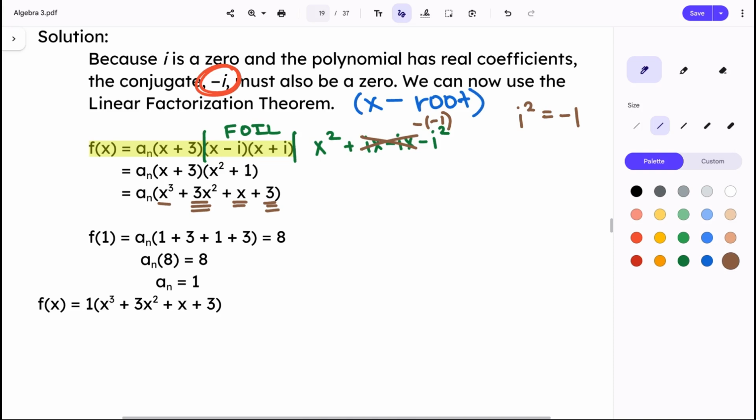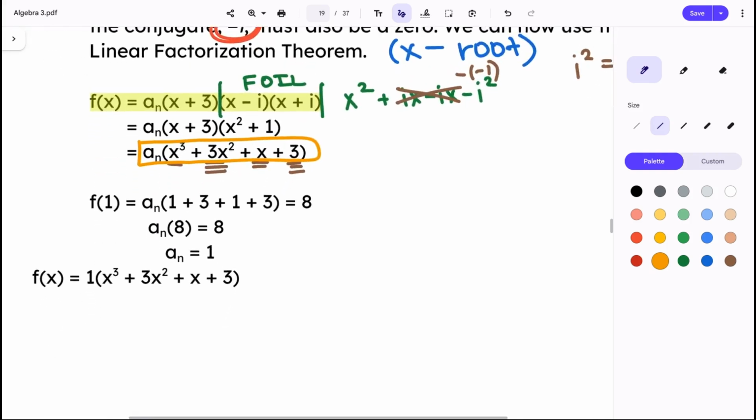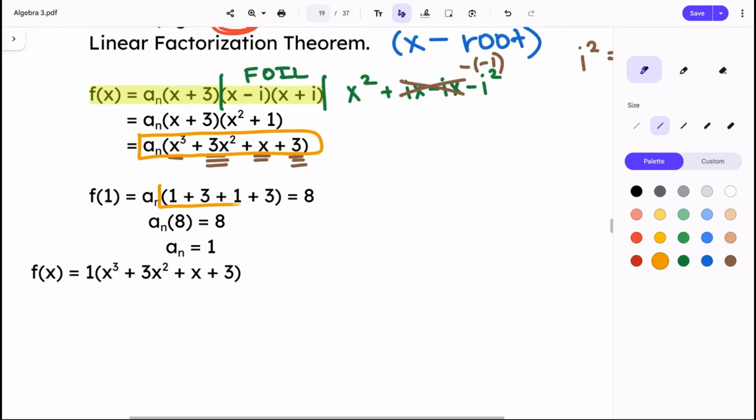Okay, so now what we can do to finalize, this is our equation here. So I'm just going to circle this one. Your equation could just be written as x to the third plus 3x squared plus x plus 3. But then remember, they also wanted us to satisfy that when I put a 1 in for my x's, I got 8 for an answer. So down below, they're showing you what happens if I put 1s in for all those x's.